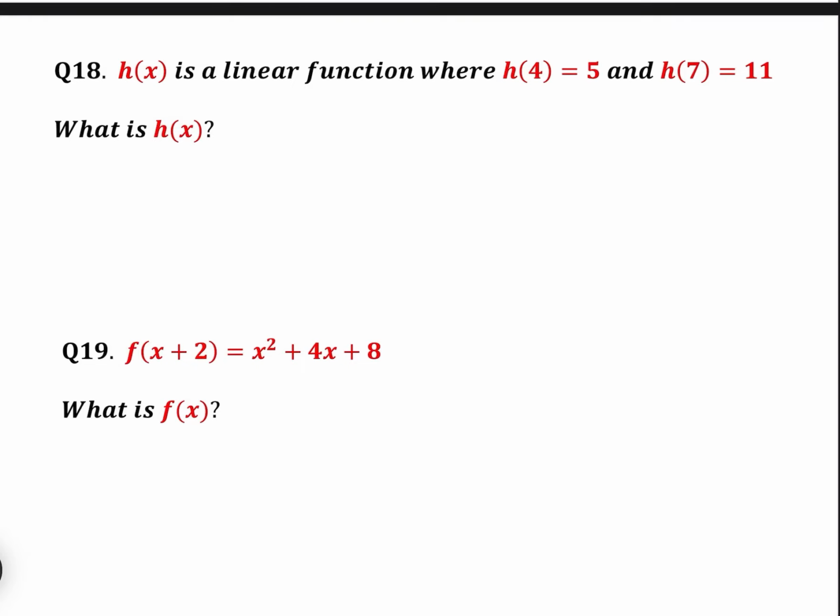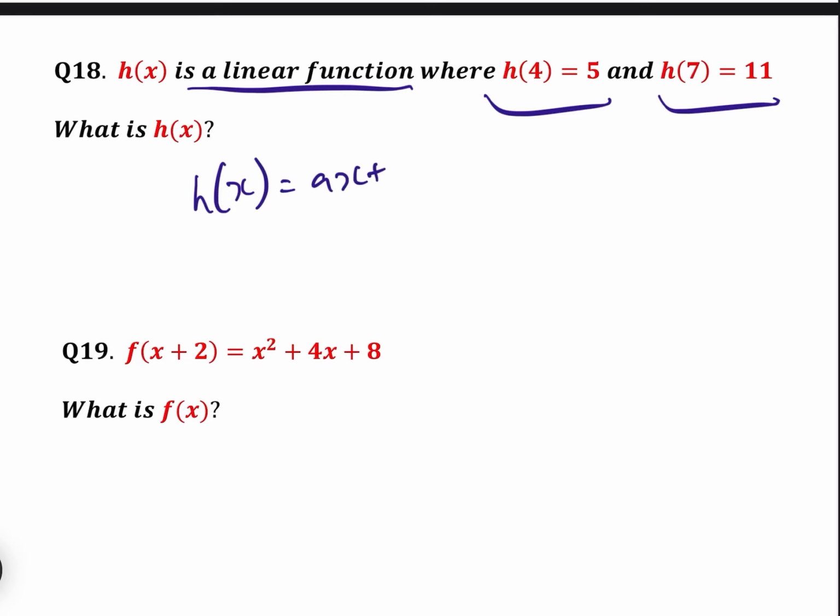Okay, question 18. So we're given that h of x is a linear function, and we're given two of the values. So we can say that h of x, as it's linear, it equals ax plus b. That is a linear function. And we're given that h of 4 is 5. So when we put 4 in, h of 4 equals 5, which equals 4a add b. All I've done is put the 4 in there.